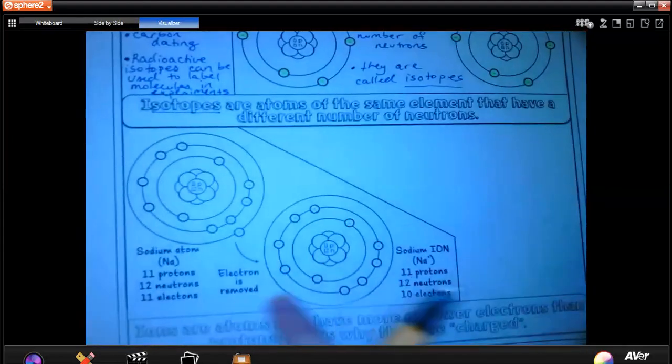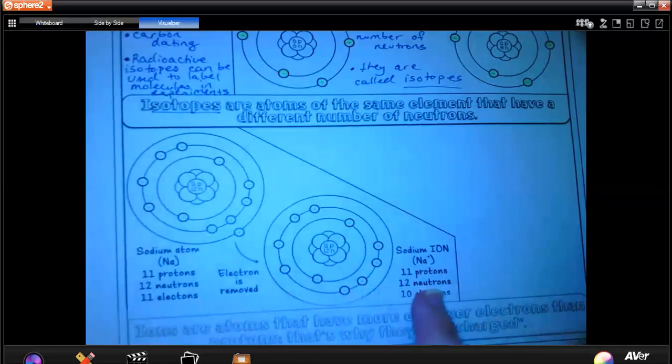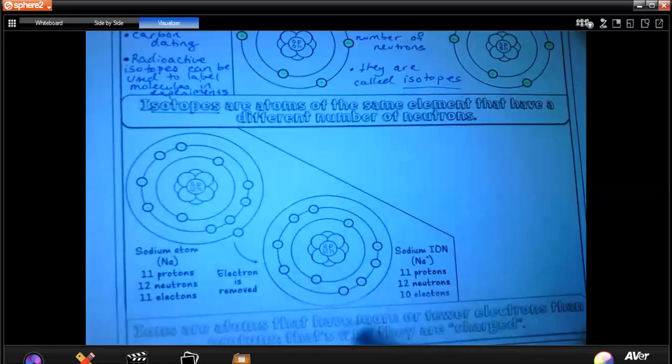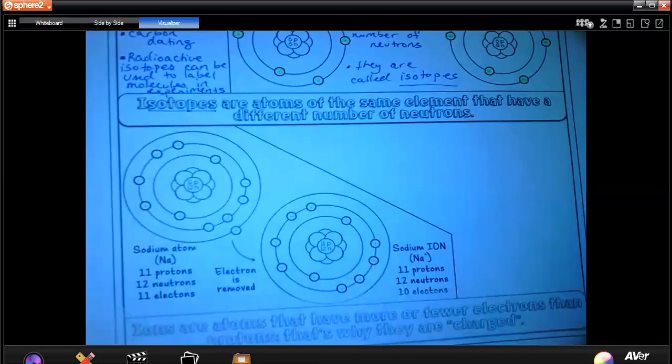Ions are what happens when the electrons are different than the protons. And these are charged, right? Protons are positive, electrons are negative. So if we have a difference in positivity and negativity, you're going to get a positive or negative charge. So that's how ions work. And ions are a big way in how atoms interact with each other to form compounds and molecules.